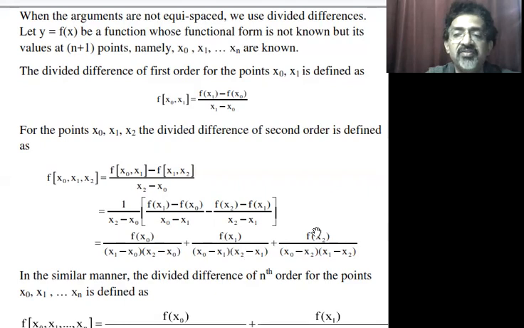That is the difference of each point from the other two points, right? So this is the second order divided difference.